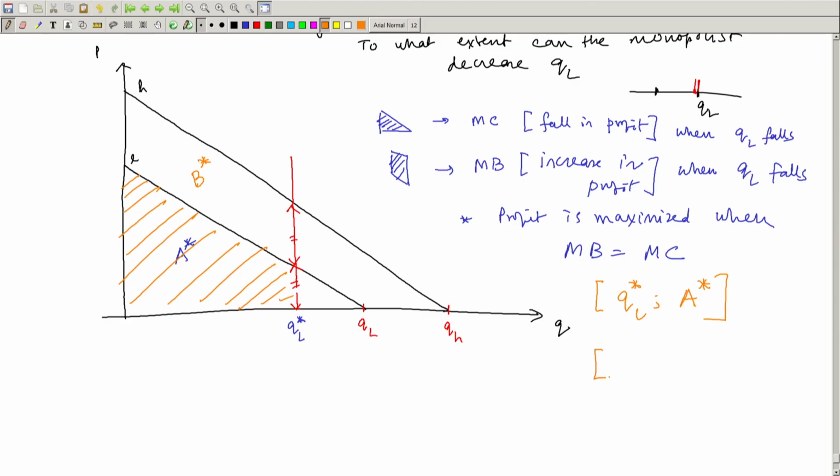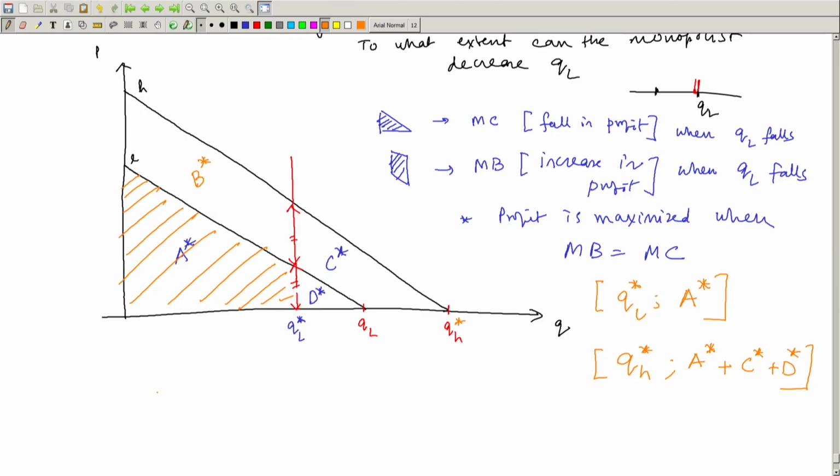So, what I will do is I will offer QH, call this QH star if you like, as the other contract, and I will charge a fee so as to leave B star as the surplus for the H type. So, I will charge A star, let me call this to be D star, this area, and this area to be C star. So, essentially I will charge A star plus C star plus D star, right.